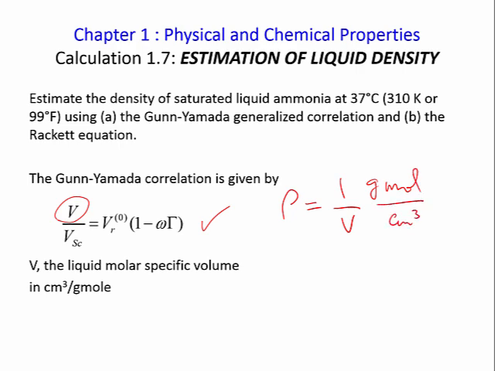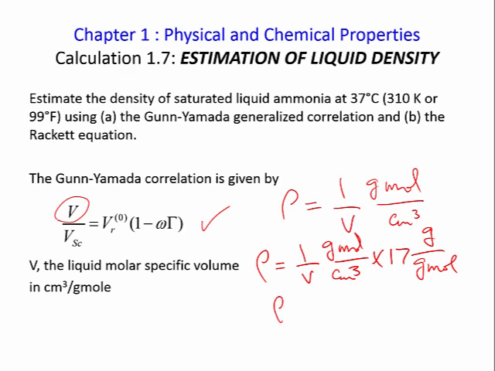If we want it in mass density, we can multiply by the molecular weight of ammonia, which is 17 g/gmol, and we get liquid density as 17 divided by V g/cm³.